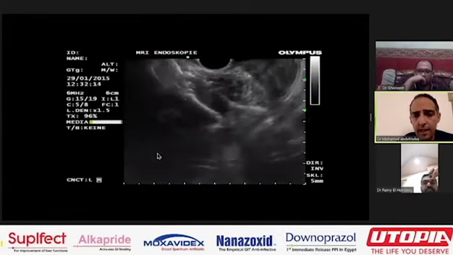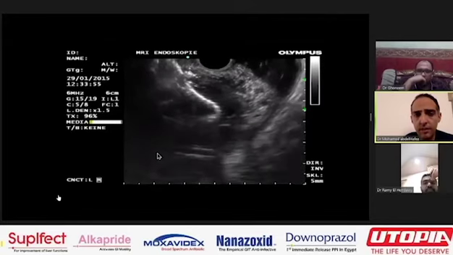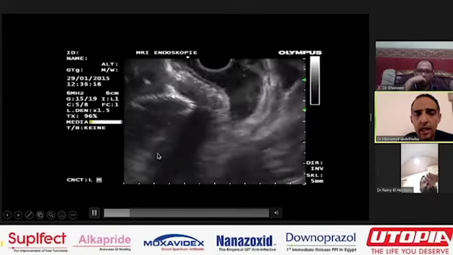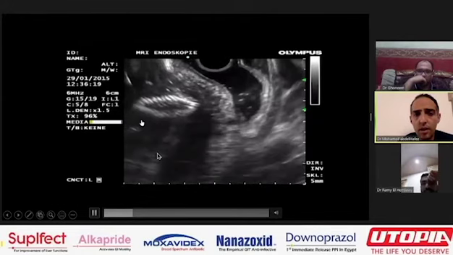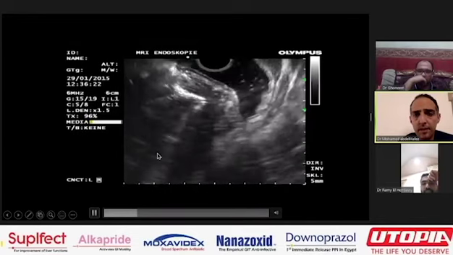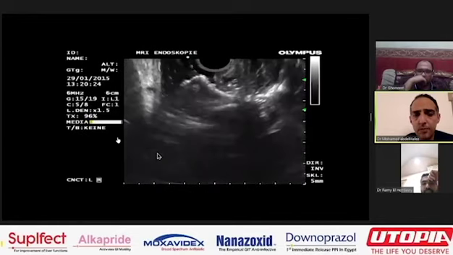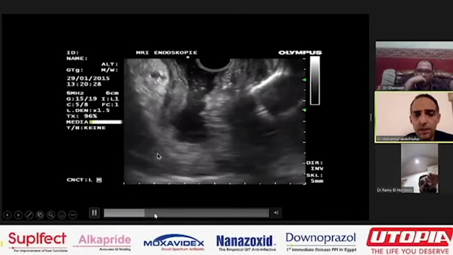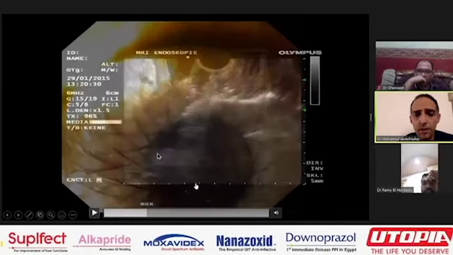You pull it back till you hit the wall. You can see it very nicely under endosonography. At this stage, you can deploy the external part. Now we will switch to endoscopic picture here after the deployment.